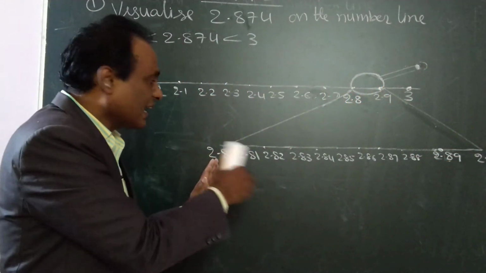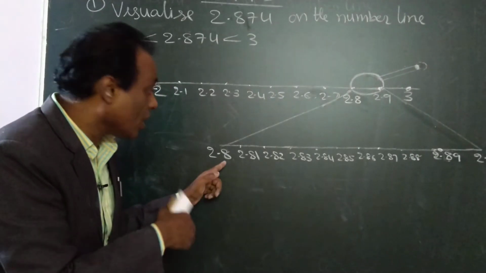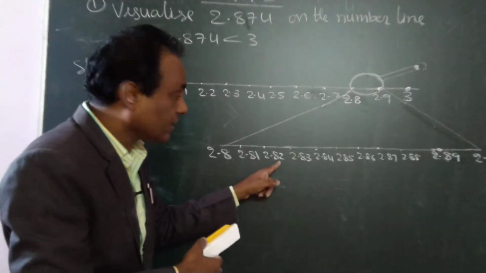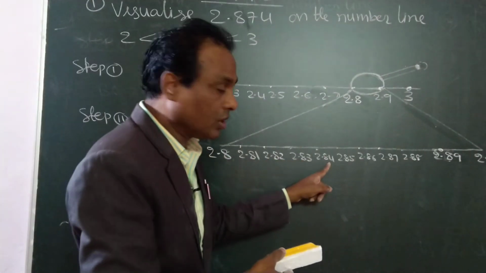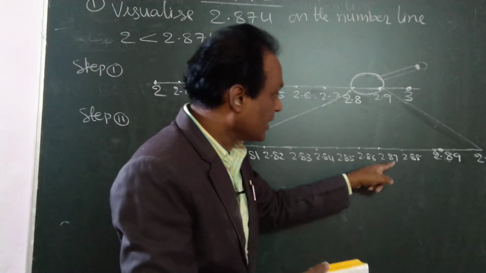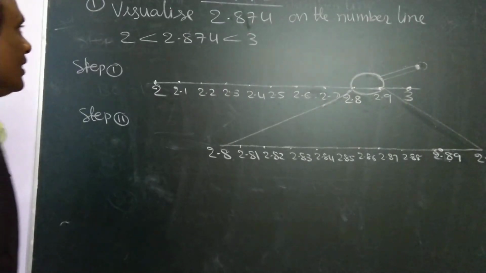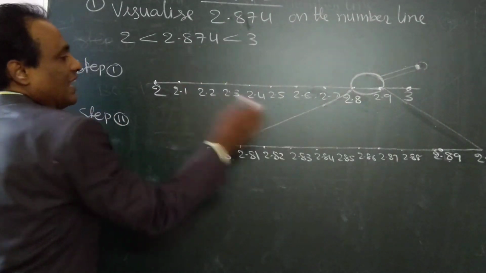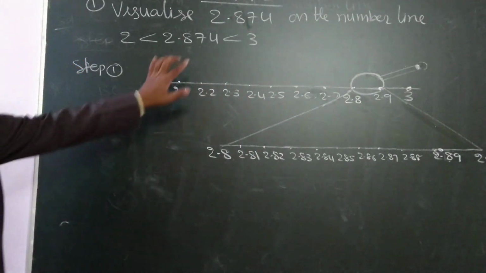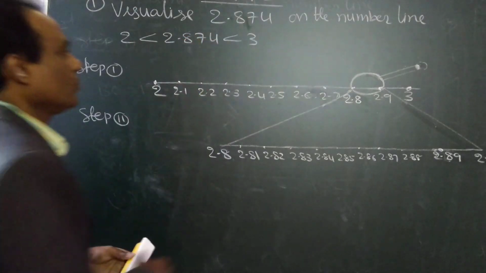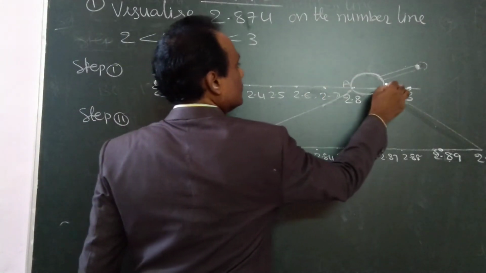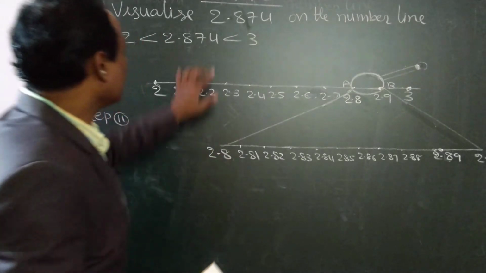So if I write after 2.8, what will you get? 2.81, 2.82, 2.83, 2.84, 2.85, 86, 87, 88, 89, 90. Now, where will it lie? Now you tell. Suppose this is AB.